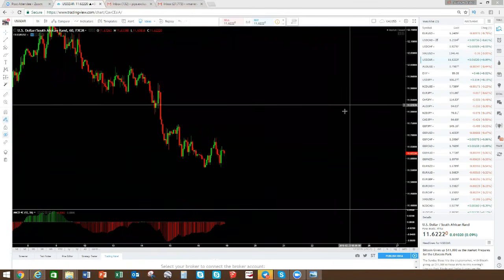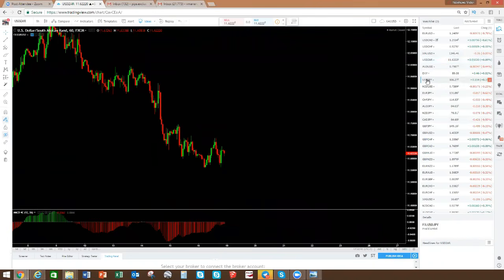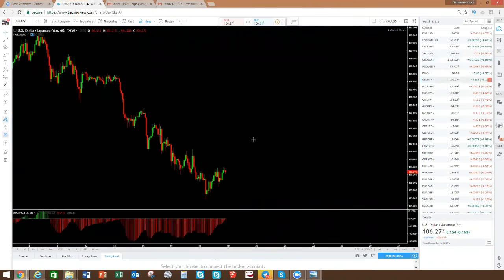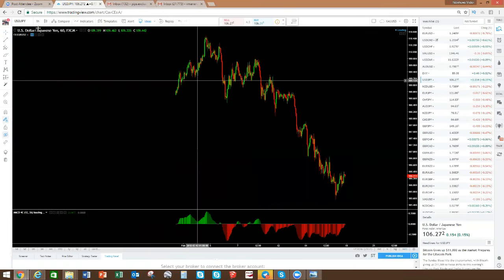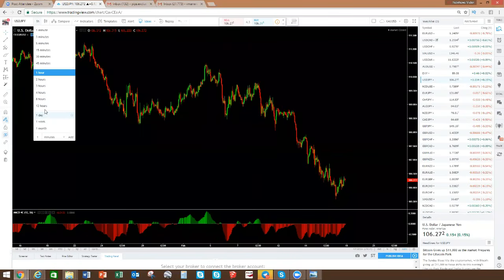Right, so let's look at the yen pairs, US dollar JPY. So US dollar JPY, very interesting. Let's go daily and show you a chart that I have been showing from July last year.